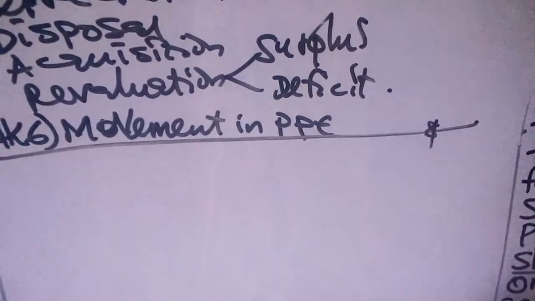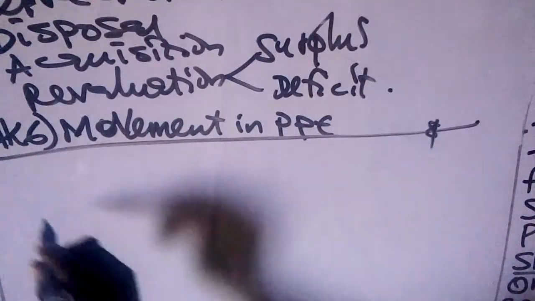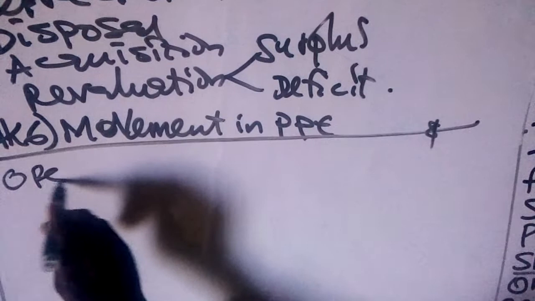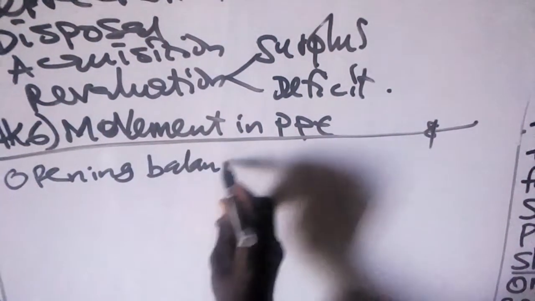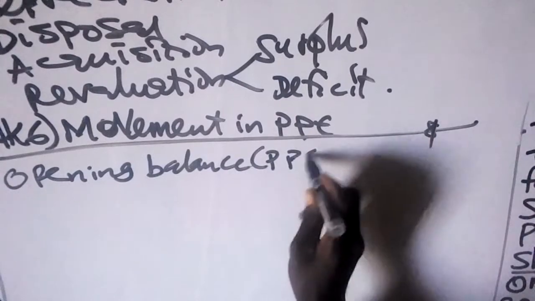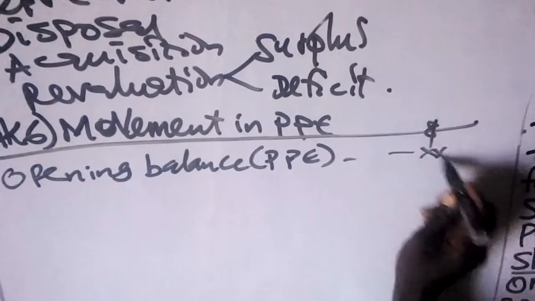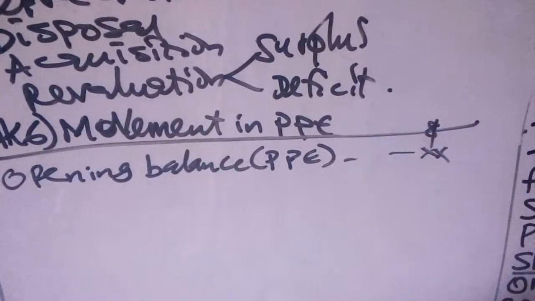That is note 6, movement in property, plant and equipment. As usual, you start with the opening balance, which will be found in the opening statement of financial position.